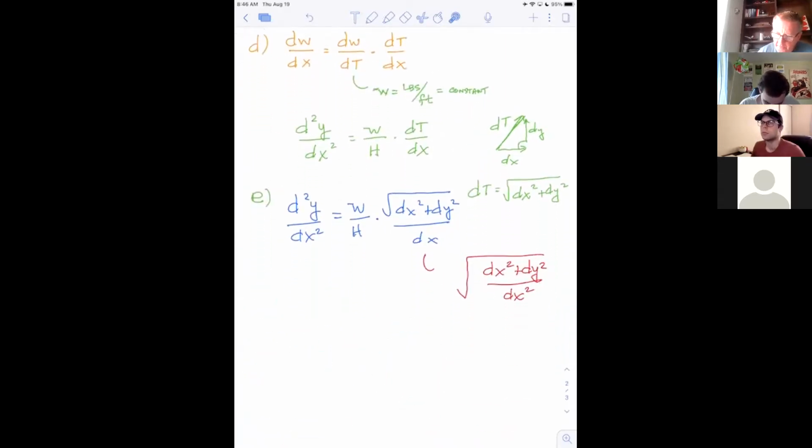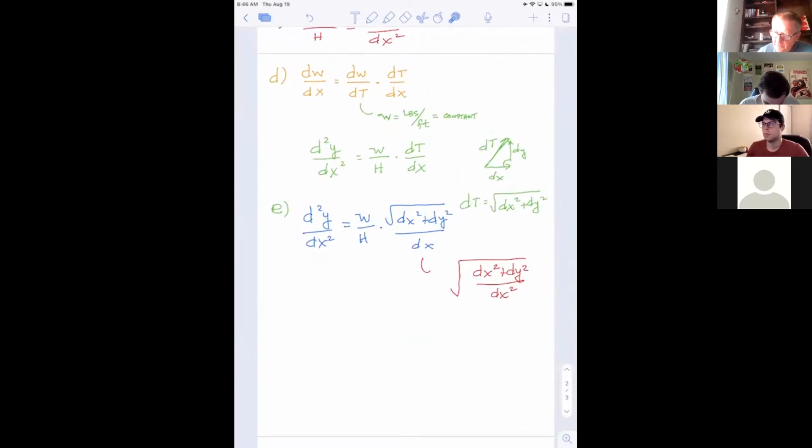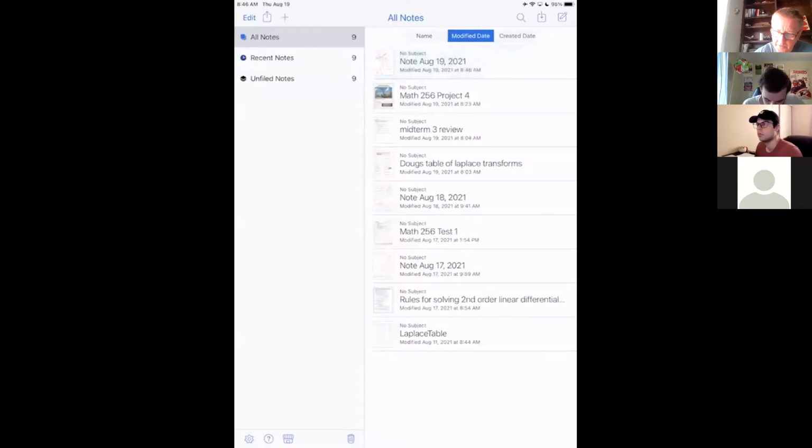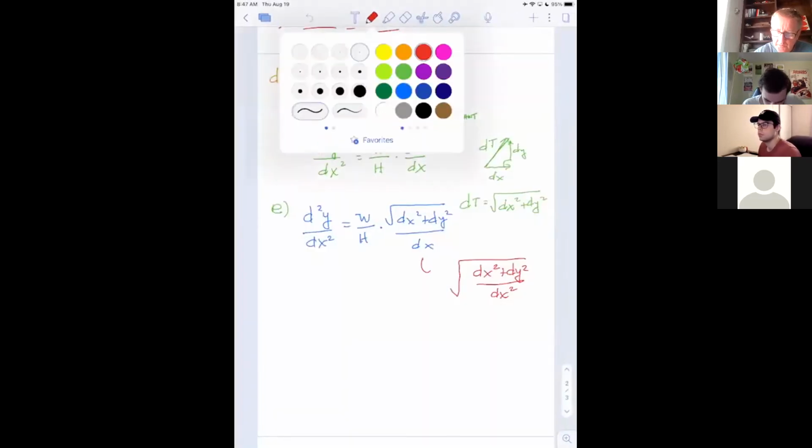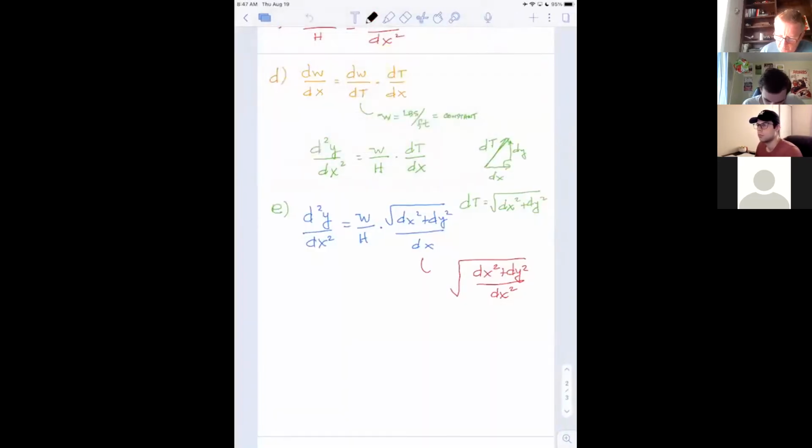Well, if you notice, then doesn't that become dx squared over dx squared is 1 and dy squared over dx squared is dy over dx squared? We're there. So, whoa, what am I doing? What color do we need? Black. Let's go.